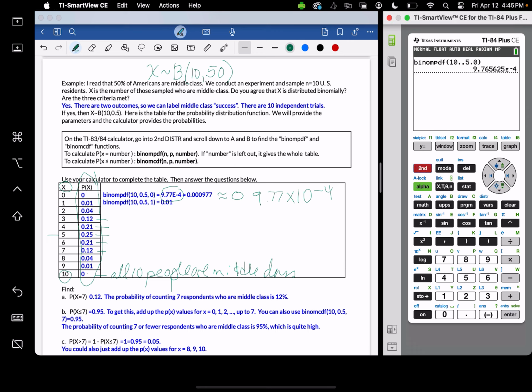Now if we go to second distribution again, and sometimes because I'm lazy, I like to go down instead of up. I don't know if it's faster or not. Leave the parameters the same, put in an x value of 1, enter, enter, enter. So I still get a pretty tiny number, but this time I can round it to 0.01, basically a 1% chance.